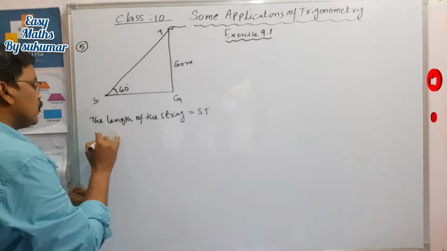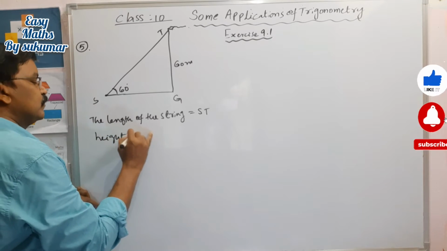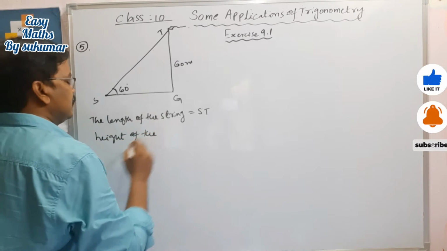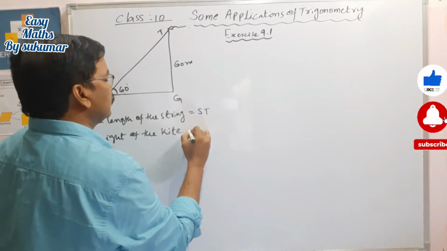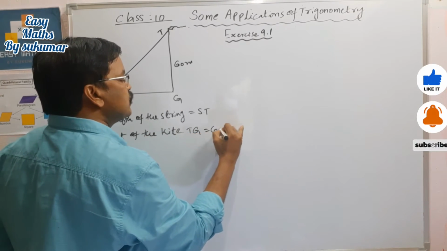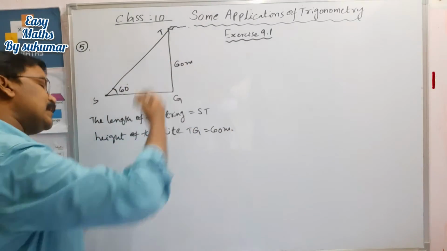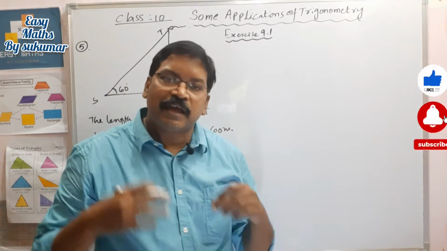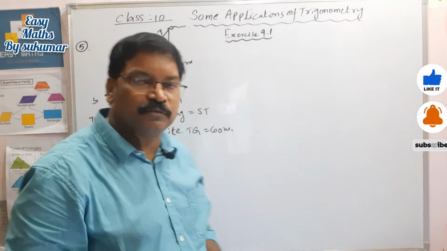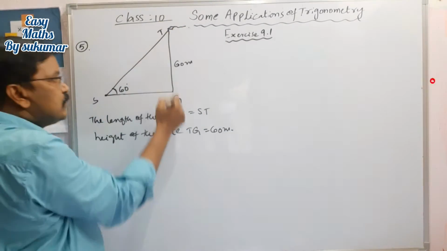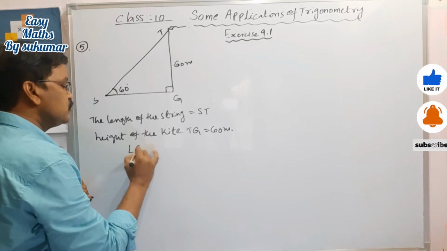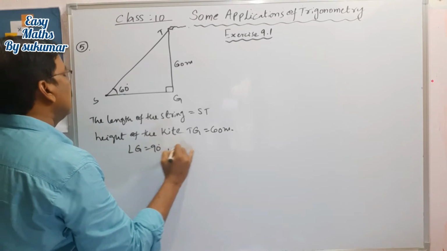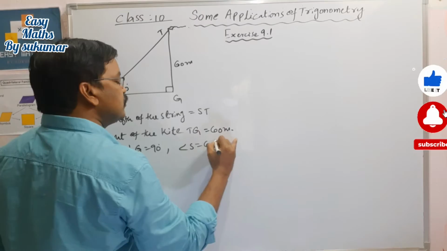What is the height of the kite? Actually, that sentence is wrong. TG is equal to 60 meters. The kite is flying at a height of 60 meters from the ground. That is the correct sentence. So here TG is equal to 60 meters. Angle G is equal to 90 degrees and angle S is equal to 60 degrees.